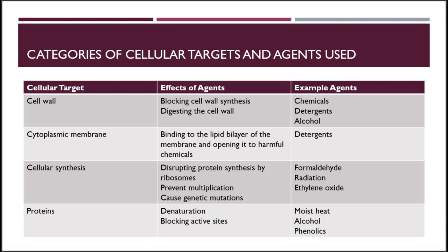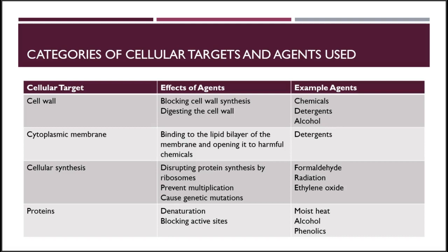So if we look at each cellular target, we can see that each agent has a different effect on that particular target. And then you can also see some examples of agents that are going to act on these targets.